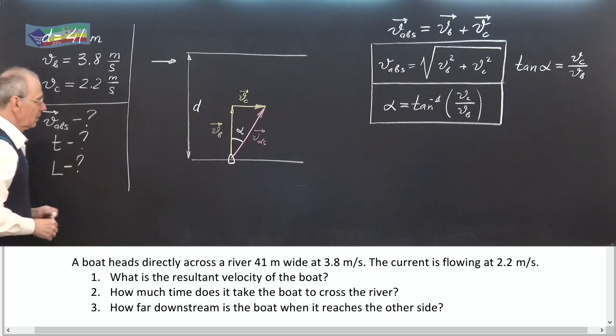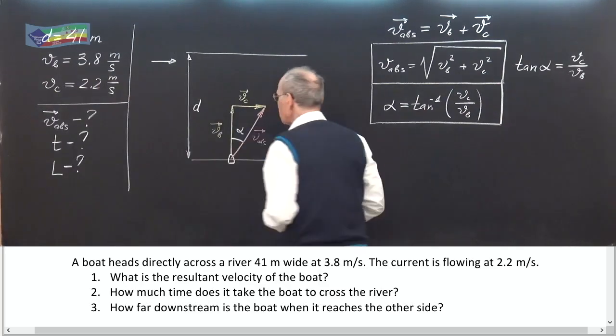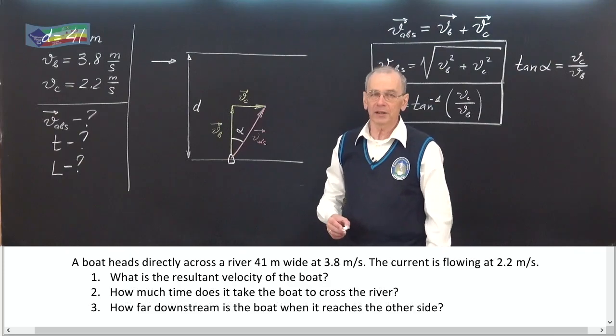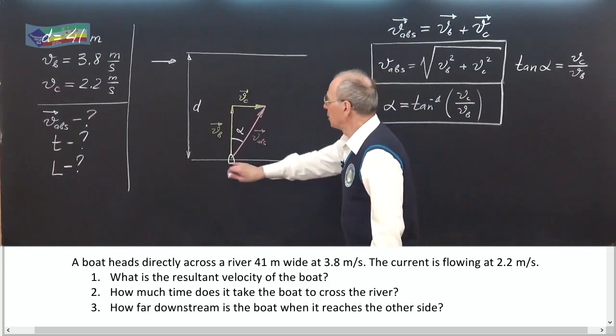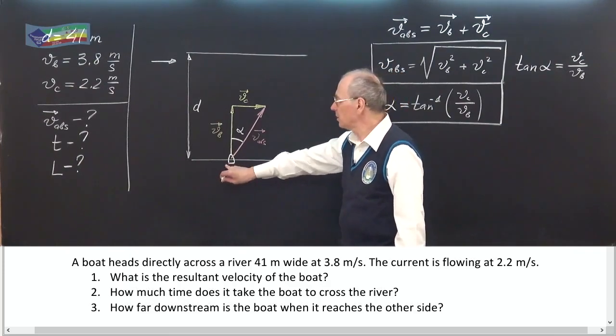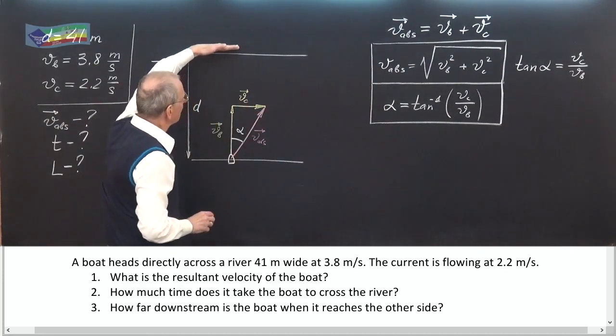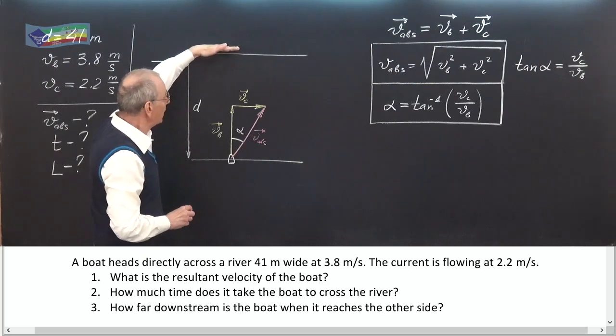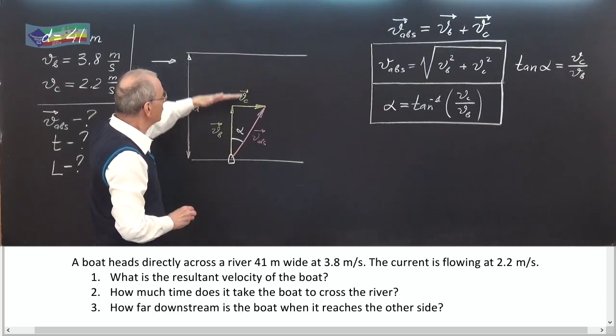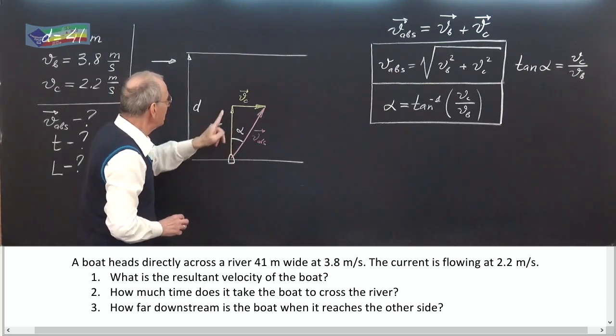Now, concerning time. Imagine you are a boatman. You are sitting in the boat and you see that the opposite bank of the river approaches you at a speed VB.